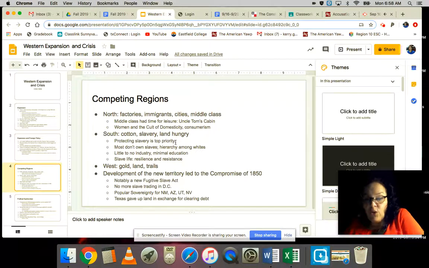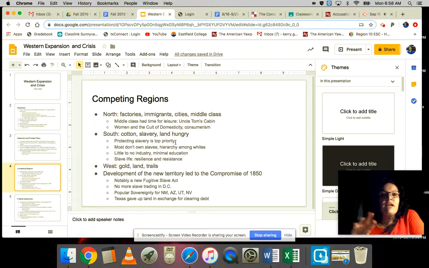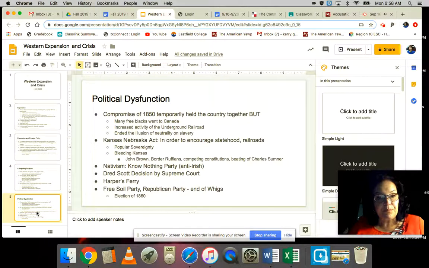They're extracting gold, for instance, the 49ers. And so you see these competing regions creating an issue. I wanted to remind you exactly what we're talking about with different types of regions and how these work together.